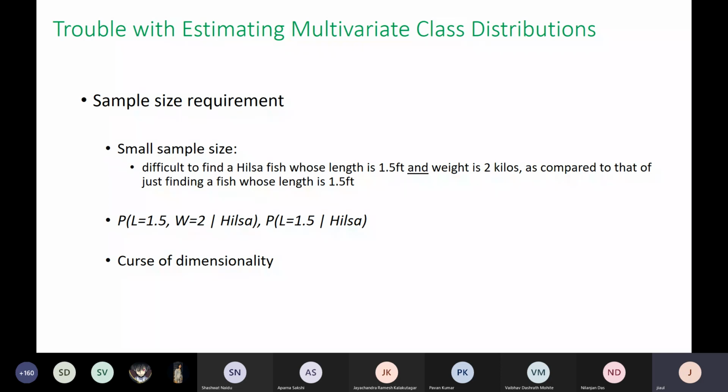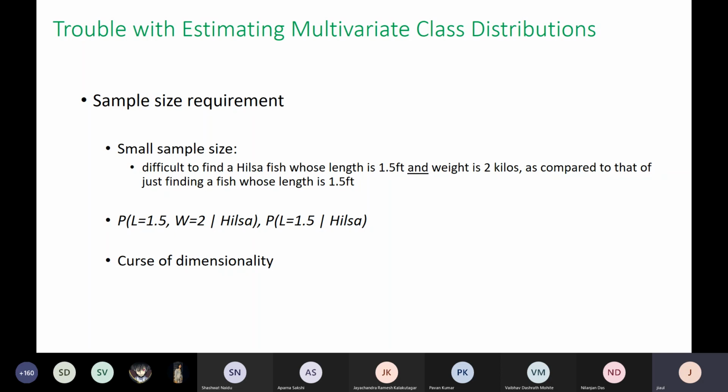Now, the issue is that in real life, we are dealing with multivariate data. Most of the time, the samples that we deal with have multiple features. Now, what is the main trouble with estimating a multivariate class distribution? The main issue we encounter is that if the dimension of this data is very high, then you need a large number of samples to estimate these probabilities very well.